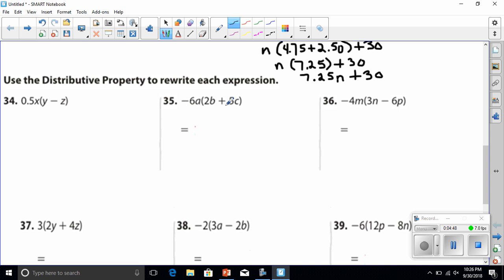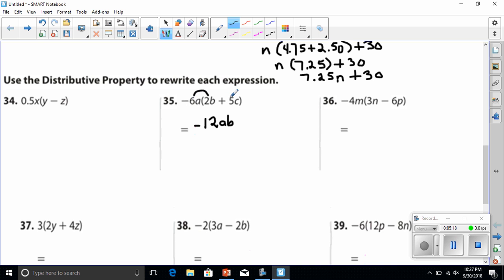35 says negative 6a times 2b plus 5c. Well, again, everything on the outside has to be multiplied to everything on the inside. So here I have negative 6a, actually negative 12, because 6 times 2 is 12, and a negative to a positive is a negative. And we don't know what a and b are, so we'll just put ab afterwards.